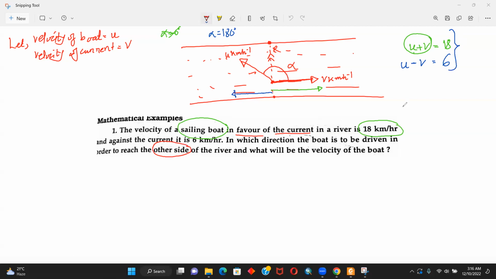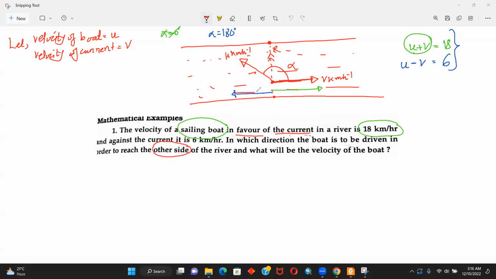Now you could have asked me, why u minus v and not v minus u? It is because we are considering that the velocity of the boat is greater than the velocity of the current. Otherwise it's possible, but that is a much higher level of mechanics, which is out of our syllabus.